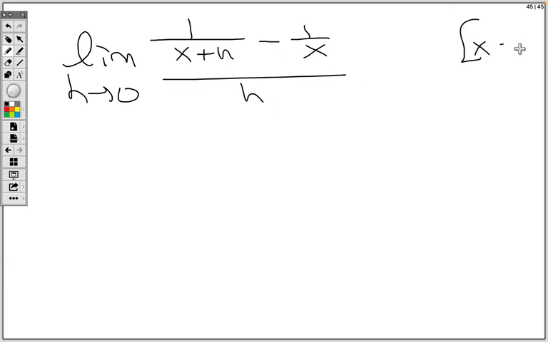So we're told that we can go ahead and assume that x itself isn't 0. You can see why. If x were 0, this wouldn't make any sense to start with. Once again, we have a complex fraction. If we plugged in h equals 0, we'd have a 1 over x minus 1 over x, aka 0 over 0.